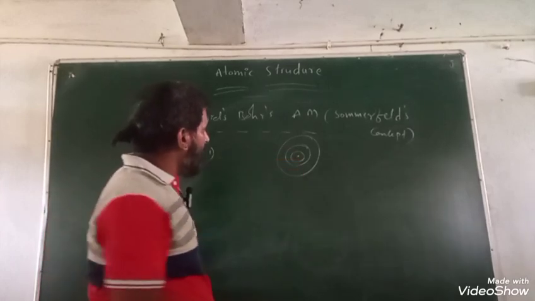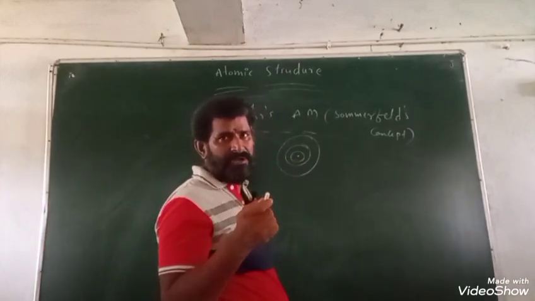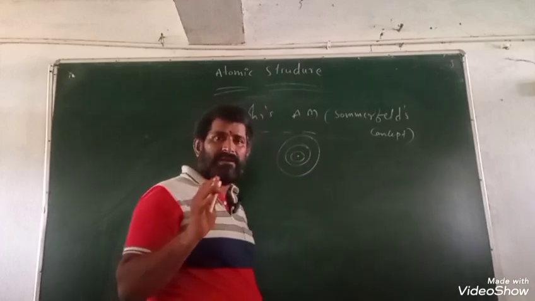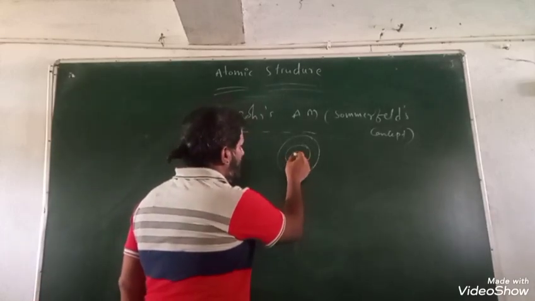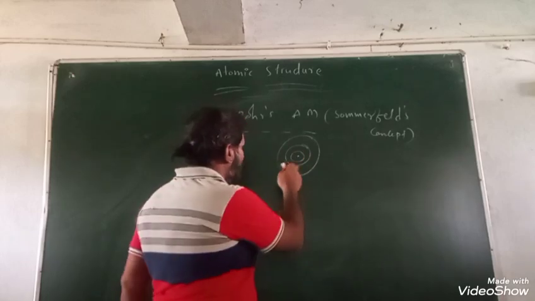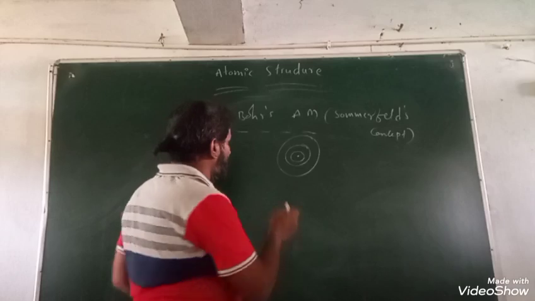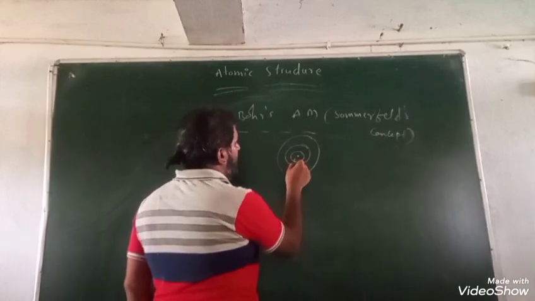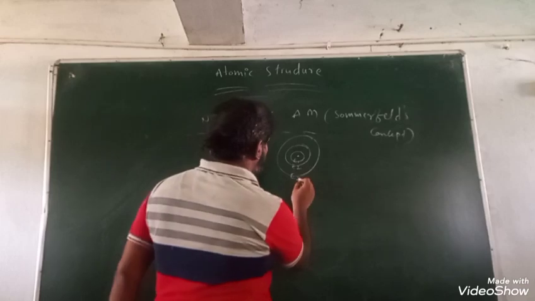He called every orbit a stationary energy level, because within an orbit the electron's energy remains constant. As long as the electron is present in the first orbit, its energy is fixed. In the second orbit, it increases. As the orbits are farther from the nucleus, the energy increases: E1, E2, E3 and so on.